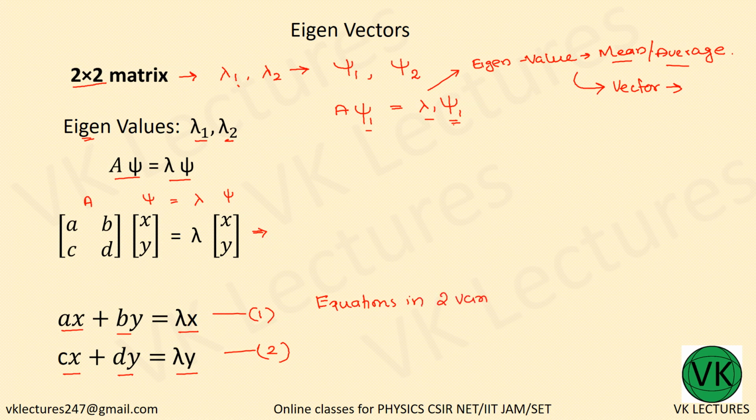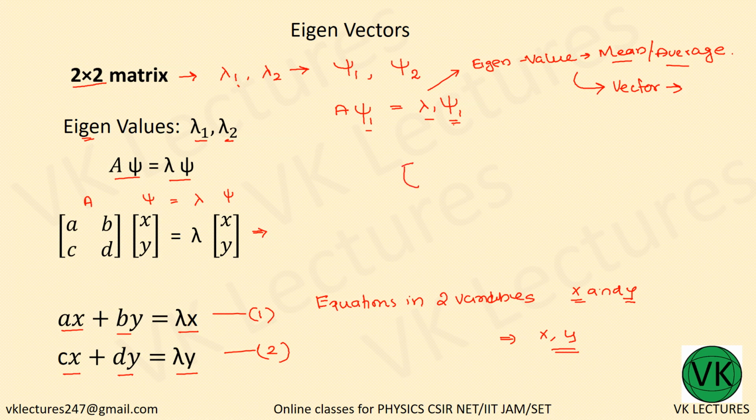What are the variables here? Variables are x and y. There are two equations and two variables, so you can definitely find the values of x and y.